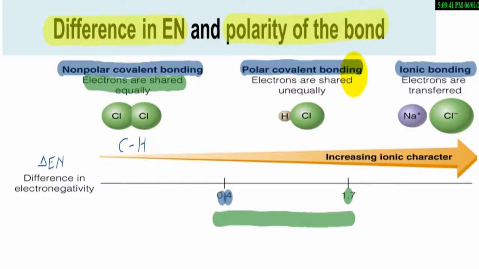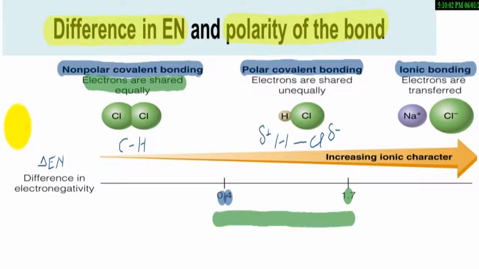This kind of chemical bond is called a polar covalent bond. There is a charge separation here, like chlorine being more electronegative than hydrogen, so chlorine acquires a partial negative charge and hydrogen acquires a partial positive charge. The greater the difference in electronegativity, the greater the polarity of the polar covalent bond.